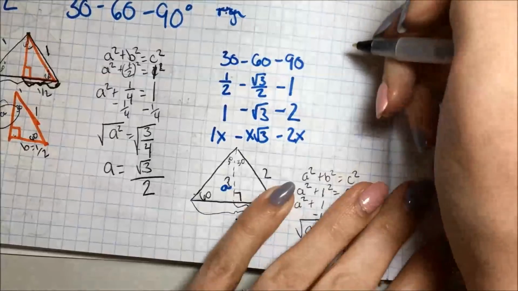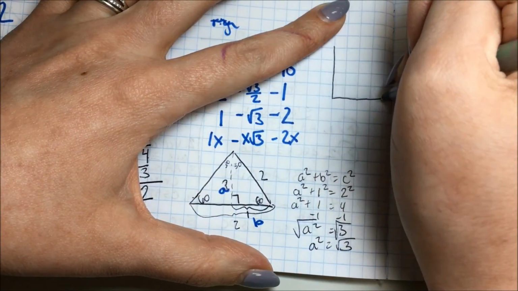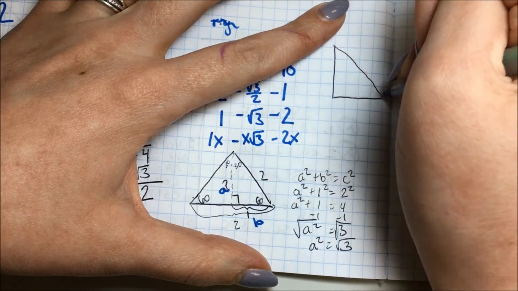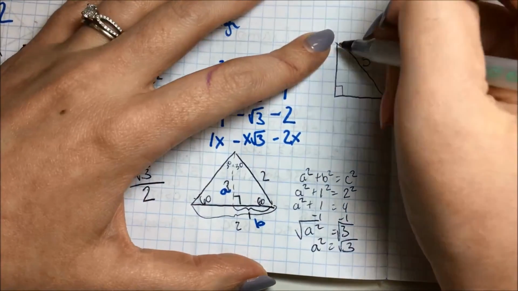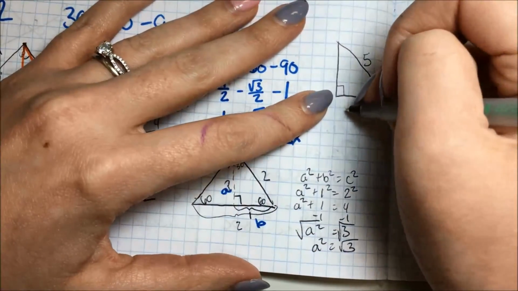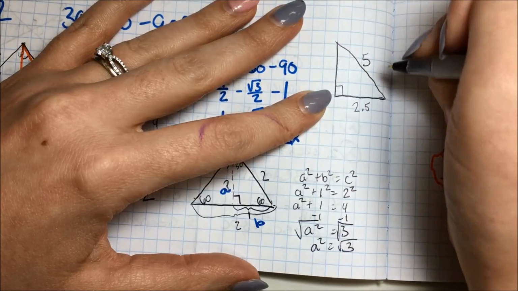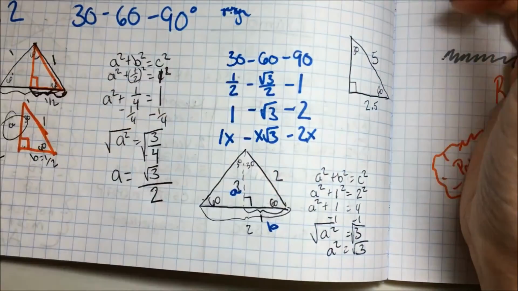Let's say I wanted to get kind of crazy and do 5. If this was an equilateral triangle with side 5, this length down here would be 2.5. This would be 30. This would be the 60.